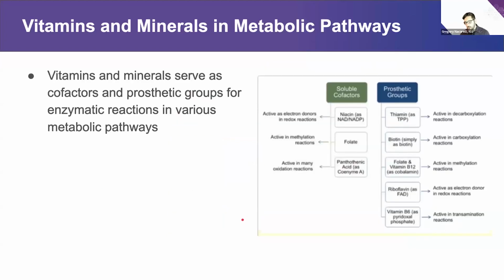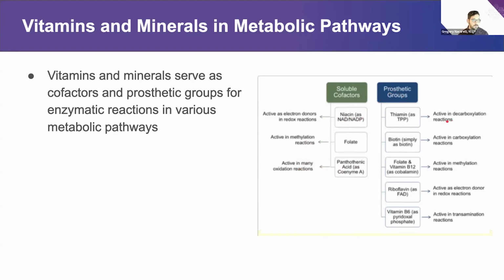One thing that people need to understand when we're talking about vitamins and minerals is that these things act as cofactors and prosthetic groups for enzymatic reactions. For example, niacin acts in redox reactions. Folate is involved in methylation. Pantothenic acid is involved in oxidation reactions, and then as prosthetic groups involved in decarboxylation, like for pyruvate decarboxylase.